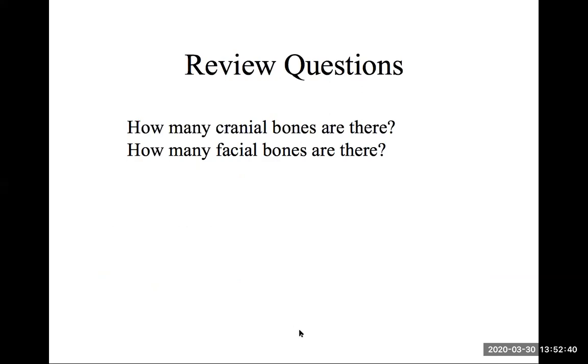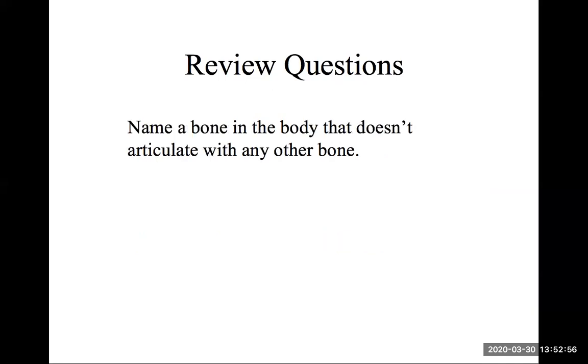Now let's just cover a few simple review questions just so you can go over what we've talked about. So first of all, ask yourself, how many cranial bones are there? And how many facial bones are there? Okay, the answer is 8 and 14. Name a bone in the body that does not articulate with any other bone.